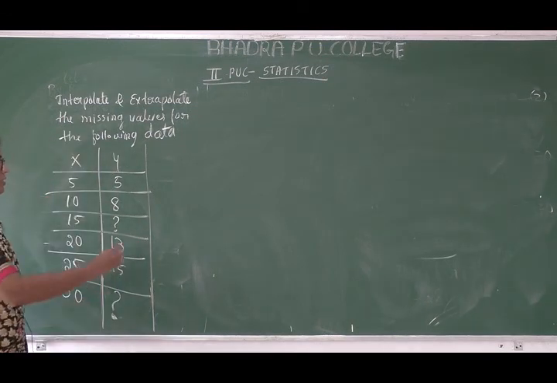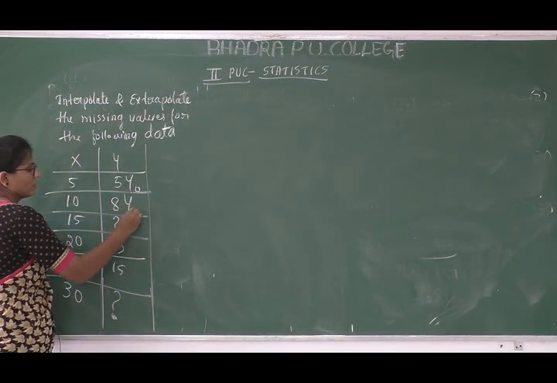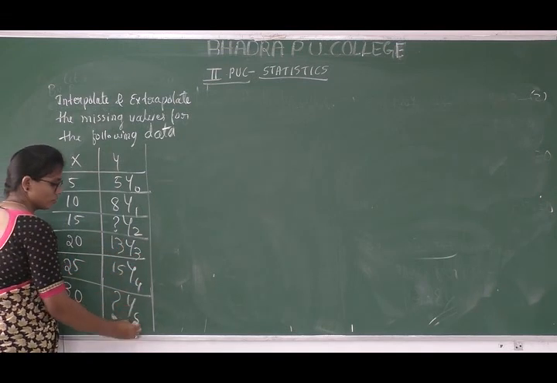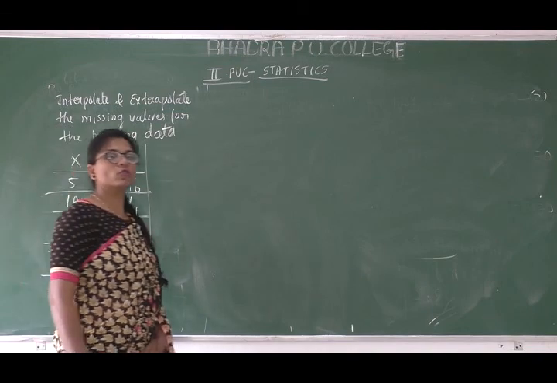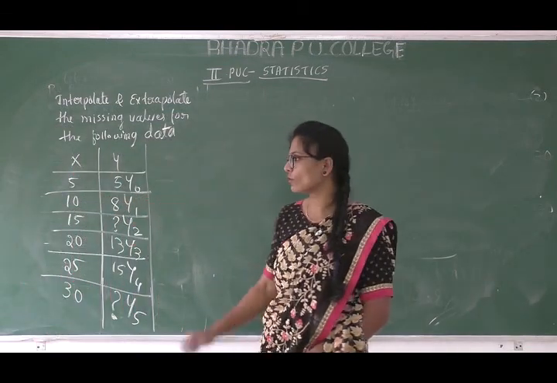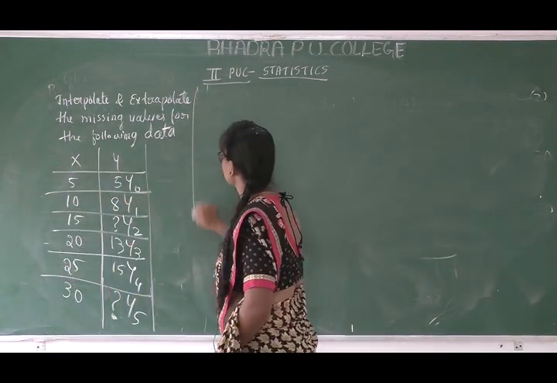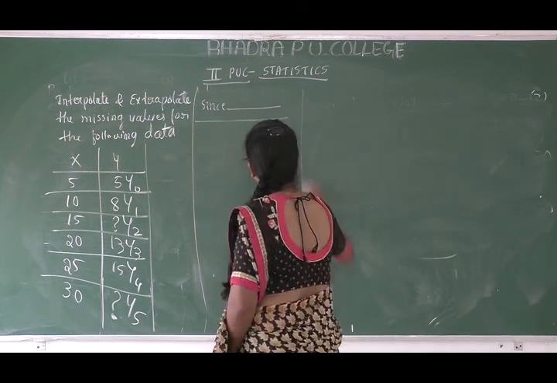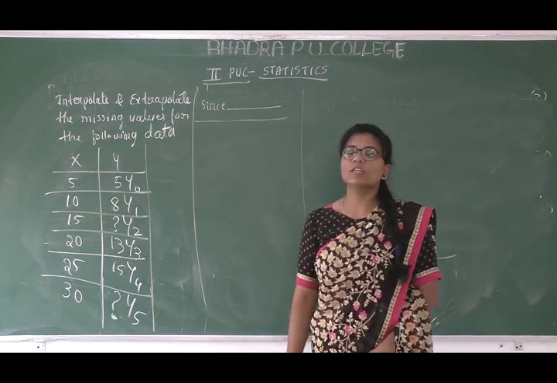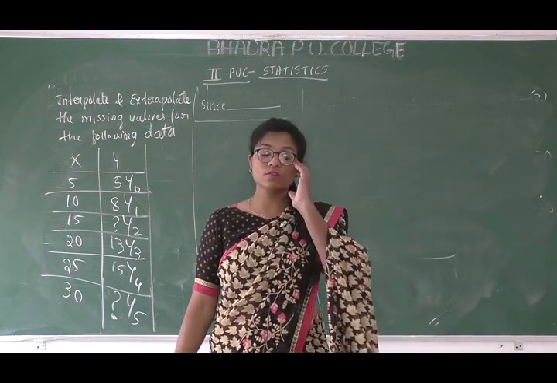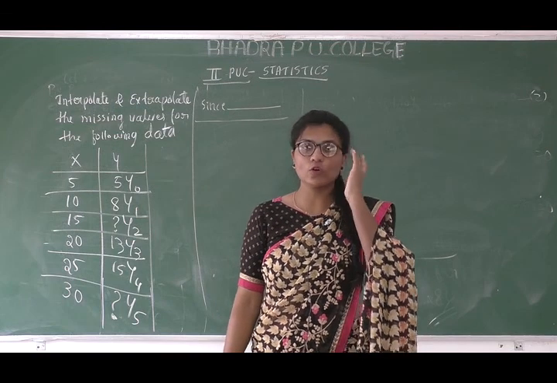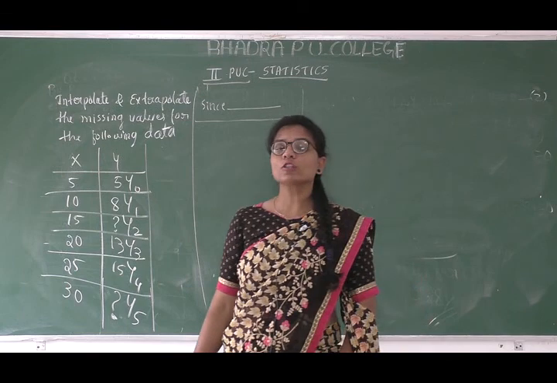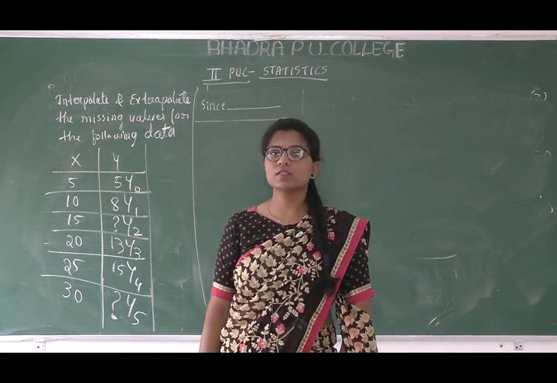First denote y0, y1, y2, y3, y4, y5. How many known values are there? 4 known values. Therefore the fourth order leading difference will be 0.